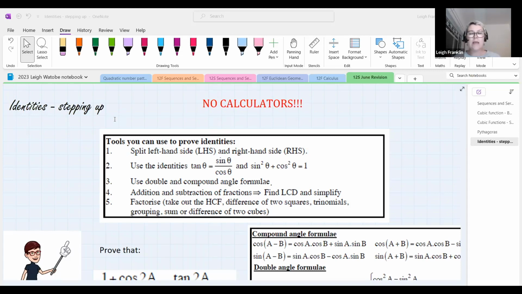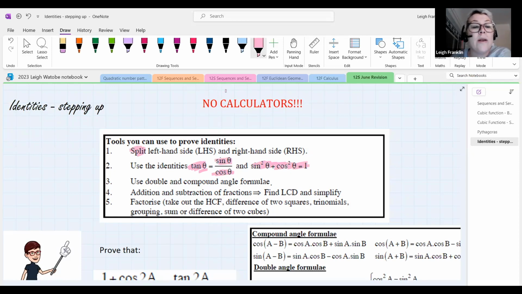Okay, so the way in which you set your work out is also really important. So first things first, you need to split the left and the right-hand side. Okay, do not forget about your grade 11 identities. So your tan identity, tan theta is sine theta over cos theta, and your square identity, sine squared theta plus cos squared theta is equal to 1, because those get used as well.